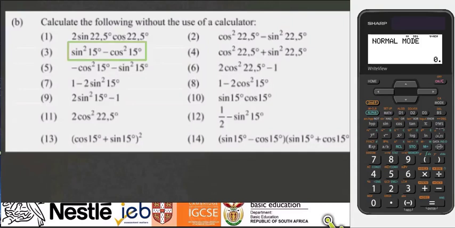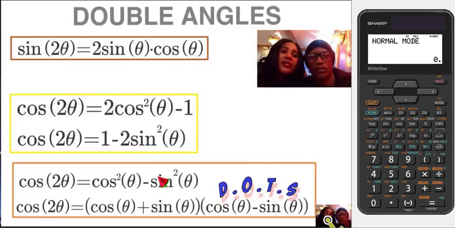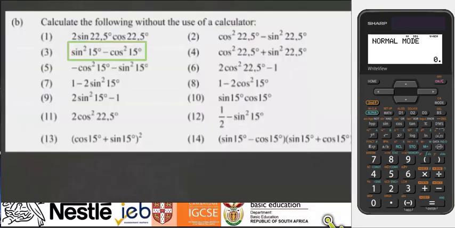Then we go to number 3. Okay, look at number 3. It's sine squared and a cos squared. Look, the sine is positive, the cos is negative. So that means you're dealing with this rule here. You just need to rearrange. When I rearrange this one and pull out a negative, watch.